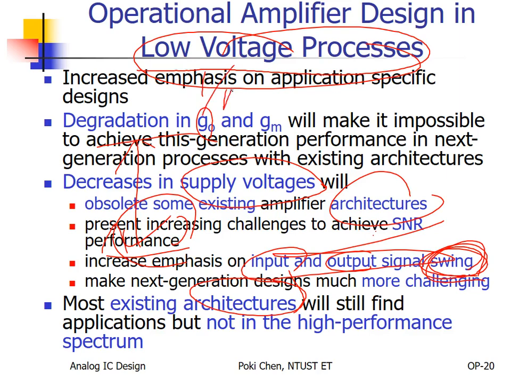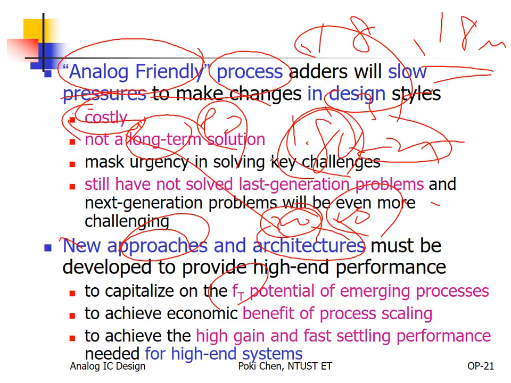But according to RO, that is really bad for your analog voltage gain. And also GM is decreased, is degraded. So hopefully we can enjoy the benefit of process scaling, but we still need to achieve high gain. That is really hard for voltage. For current, maybe it is possible, but for voltage, it's really hard.